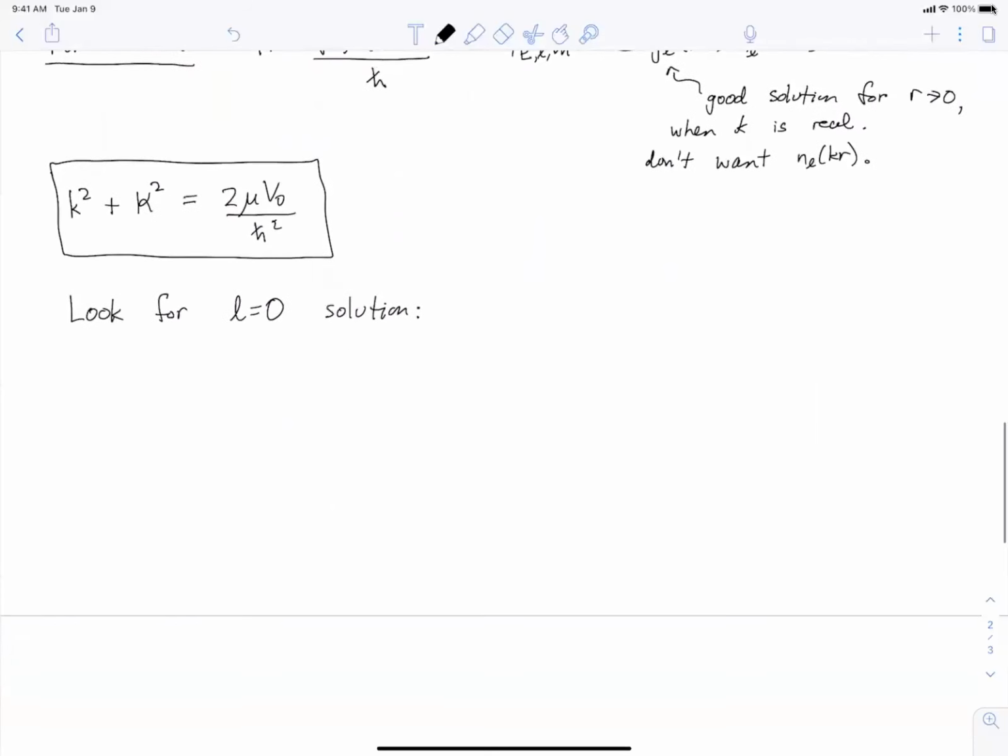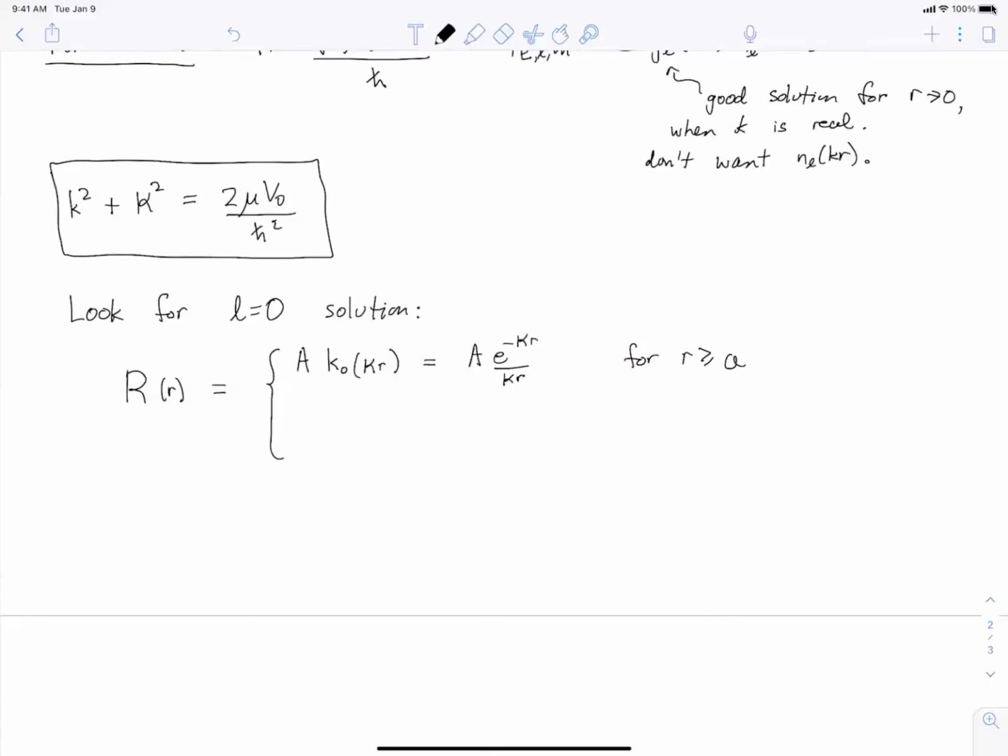So we can summarize what we've learned by saying the radial wave function is equal to, in one region, a constant A times k0 of kappa r, which is A e to the minus kappa r over kappa r, for r greater than or equal to a.